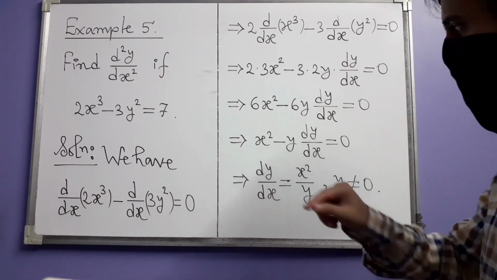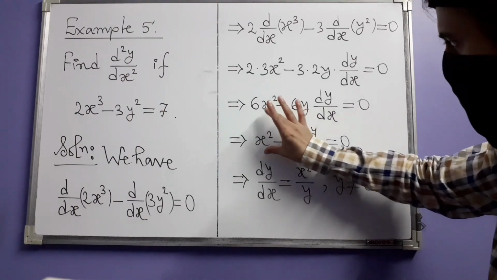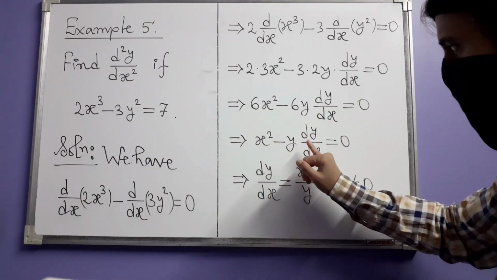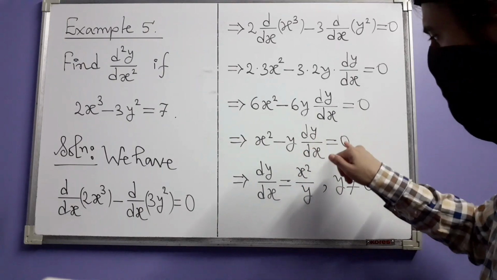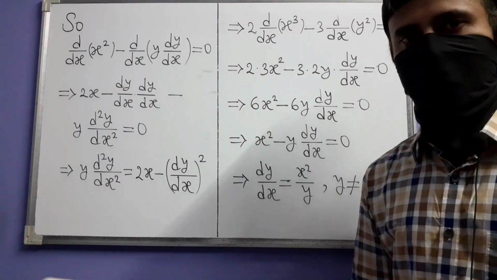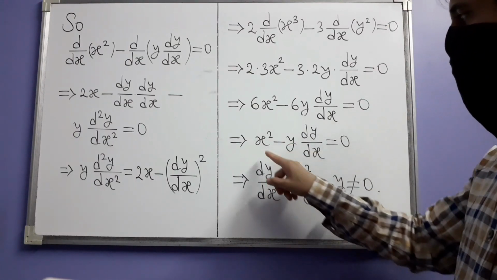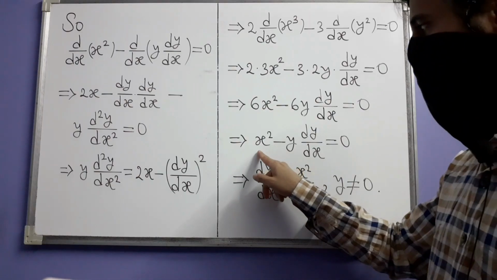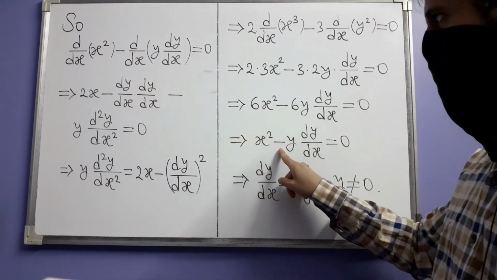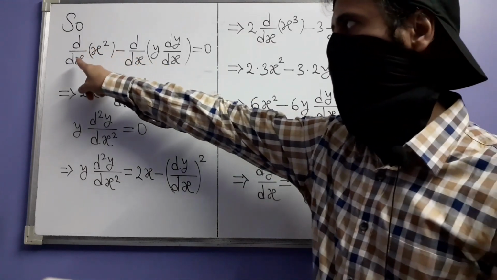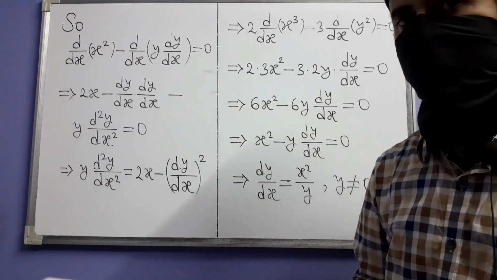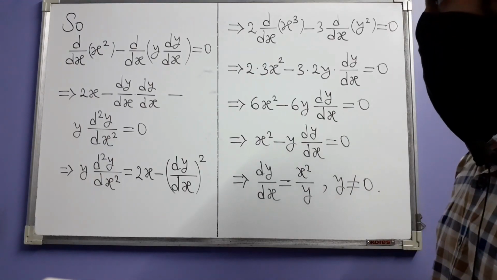Now we will again do implicit differentiation to this equation, x squared minus y times derivative of y with respect to x equal to 0 once more. So accordingly we differentiate this equation with respect to x. And first you apply the difference rule for differentiation, ddx of x squared minus ddx of this product, y times y prime, derivative of y with respect to x.